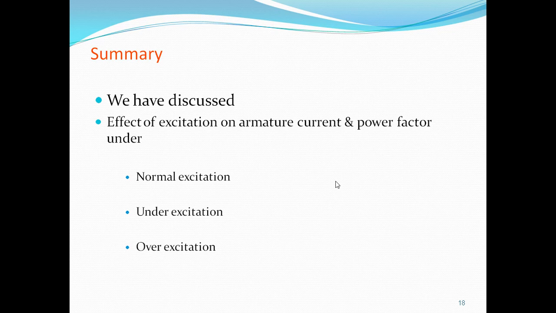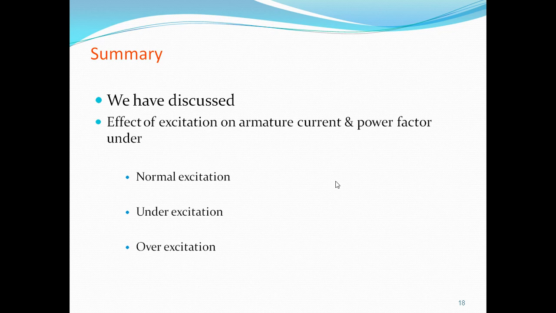At that time also current increases and power factor decreases. And the fourth condition: if we change the excitation such that the current is in phase with the voltage, that is called normal excitation. At this condition, the current value is minimum.